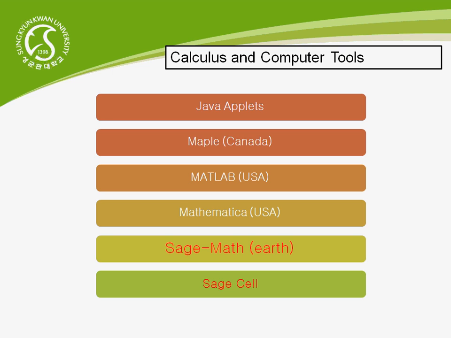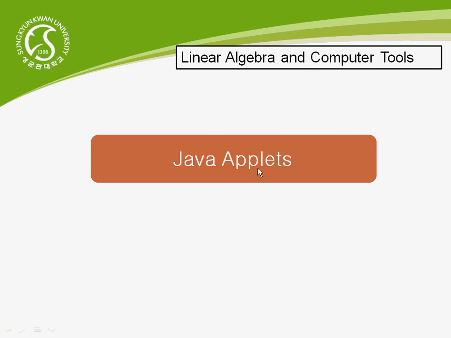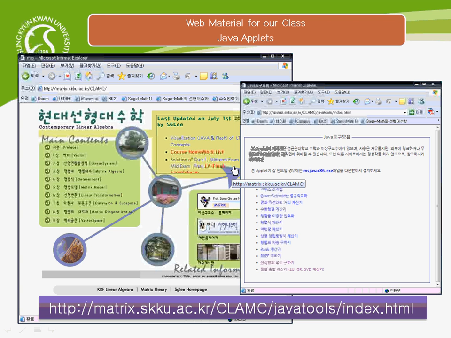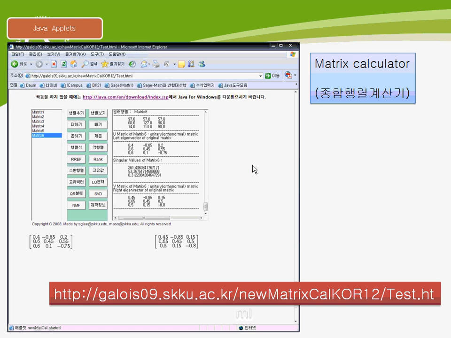So there is a great diversity of software. But Java is one which is kind of popular, so that you can just use it on the web. If you are connected to the internet, you can use it for free. So we have developed some Java tools which you can find at web addresses here and there.